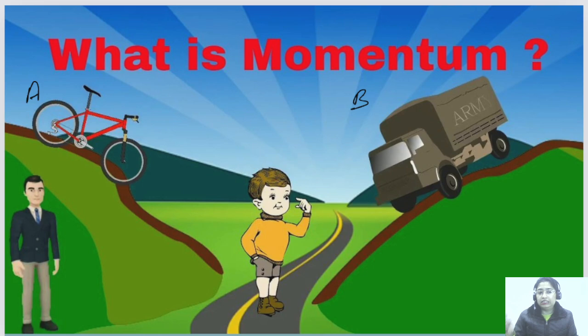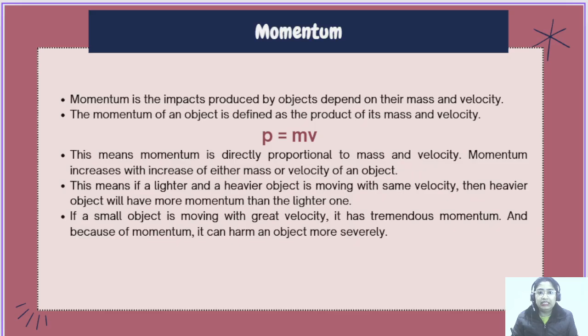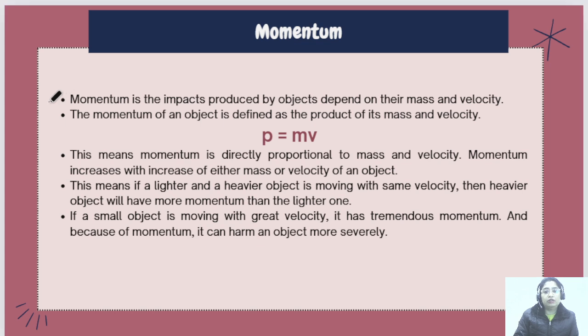So what is the difference? Basically, here it is about momentum. If a heavy object is coming, it has more mass. The more the mass, the more the momentum. All right. And if there is a light object, it has less momentum. Momentum is basically the impact produced by the object.